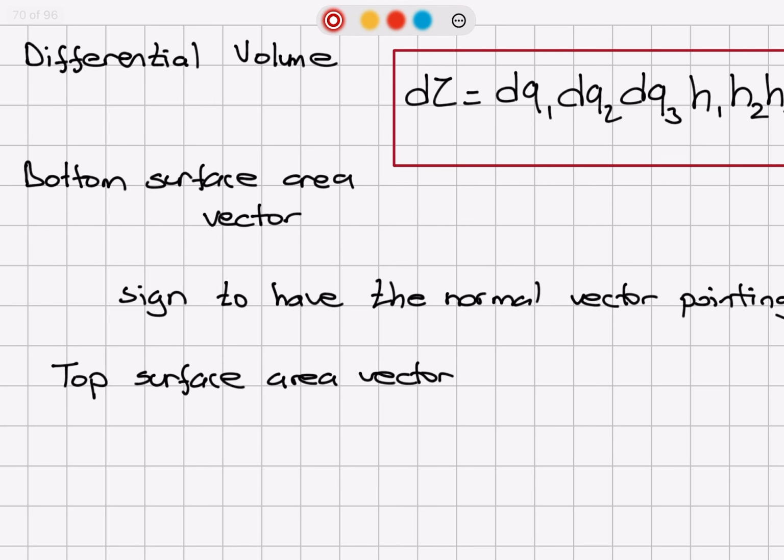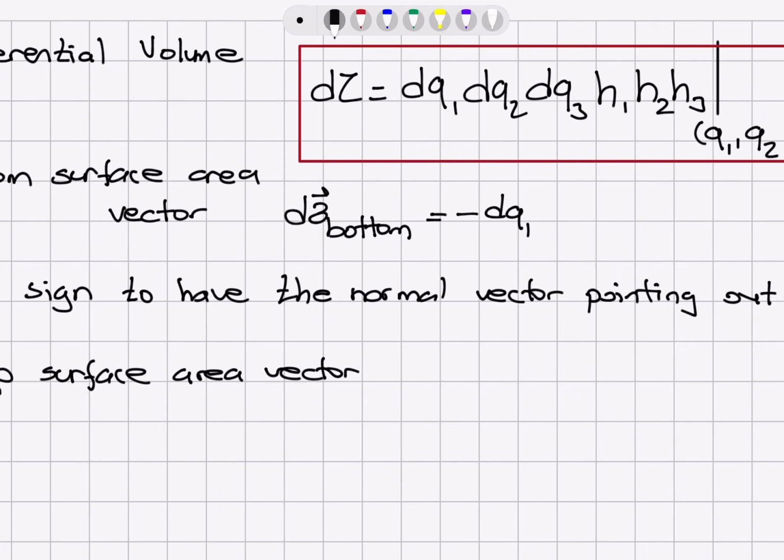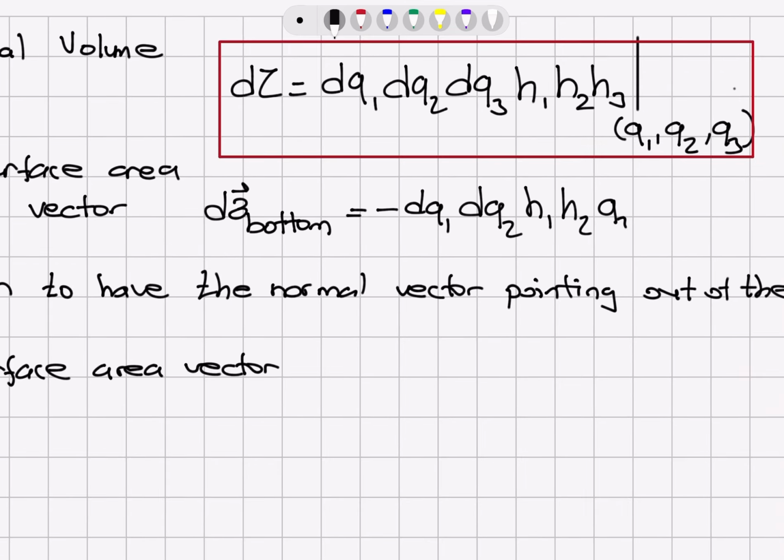So the bottom surface area vector will be d sigma bottom, which can be written as minus dq1, dq2, h1, h2, q3 hat.